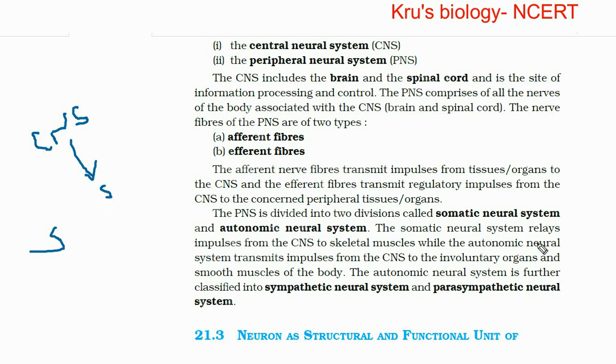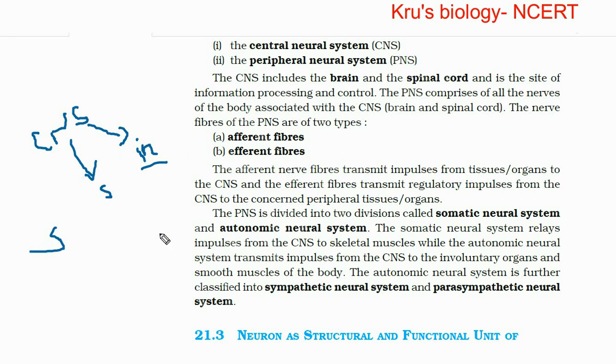While the autonomic neural system transmits the impulses from the CNS to involuntary organs and smooth muscles of the body. Our heartbeat, for example, does not depend on our will, and respiration involves involuntary muscles.